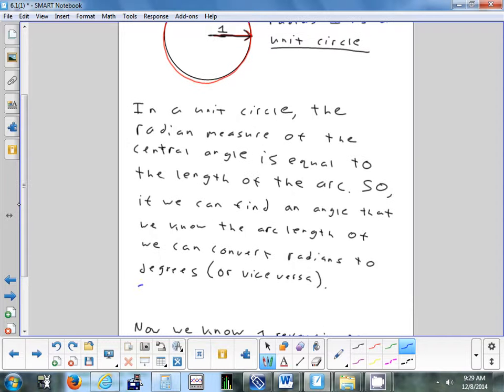Okay, so circumference equals 2 pi r. What's my radius in this case? 1. So the circumference of my circle is 2 pi times 1, or the circumference is 2 pi.